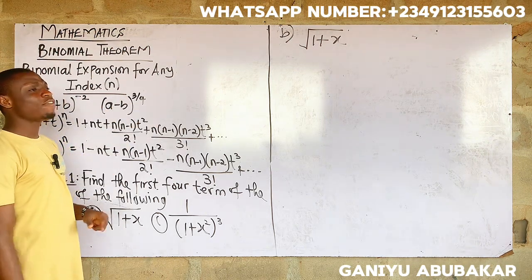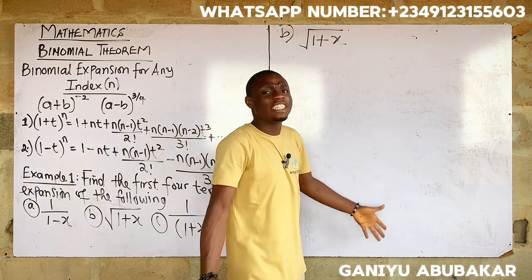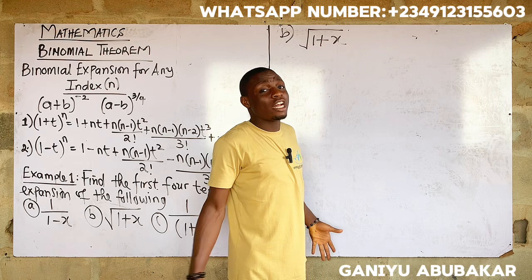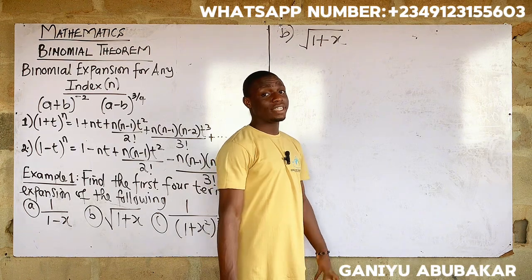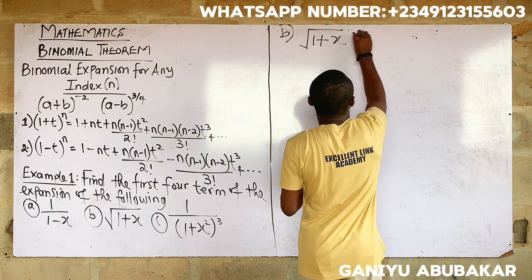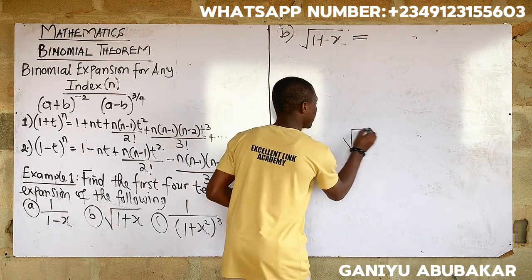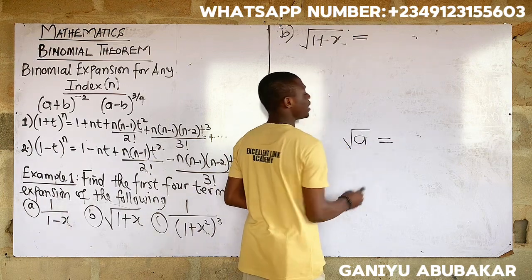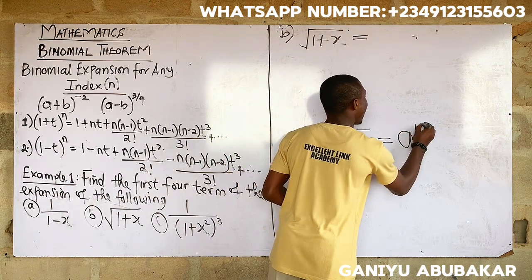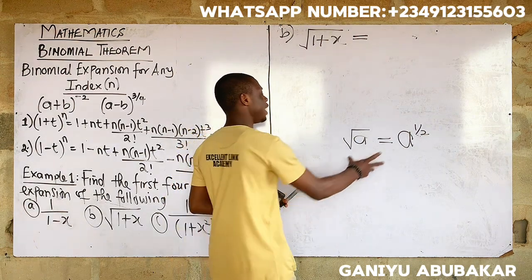So if I am sent the question in this form, I'll try to express this in terms of negative power or fractional power, index, or degree. If I go back to indices, if I have root a, this can be written as a raised to power half.